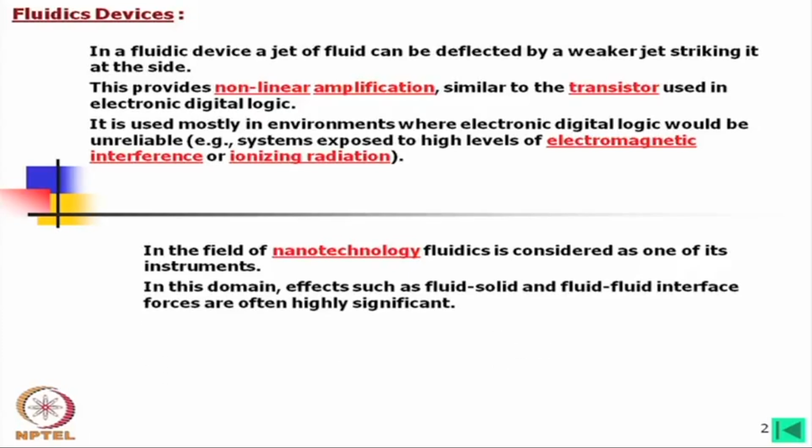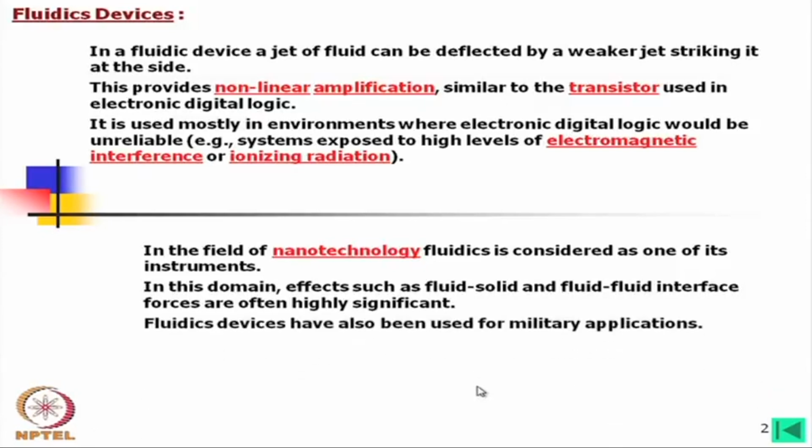In this domain, effects such as fluid-solid and fluid-fluid interface forces are often highly significant. Fluidics devices have also been used for military applications. Some devices are described in brief in this lecture.